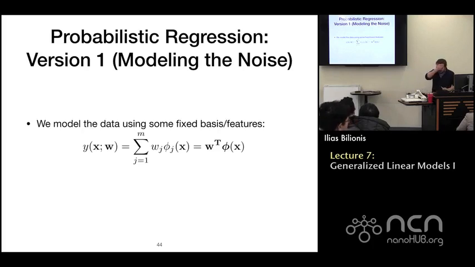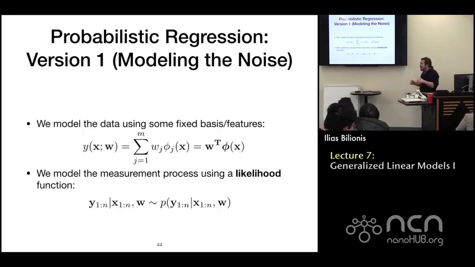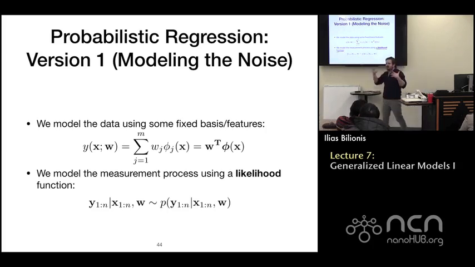So here we go. We have our generalized linear model, and now we're going to use probability theory for the first time to explicitly model the measurement process. All right, are you with me? So we're going to create a model for the measurement process, and this model is going to be called the likelihood model, or a likelihood function. The likelihood that you have heard about, I guess, in the past, models the measurement process.